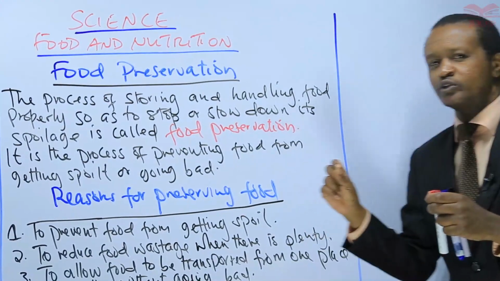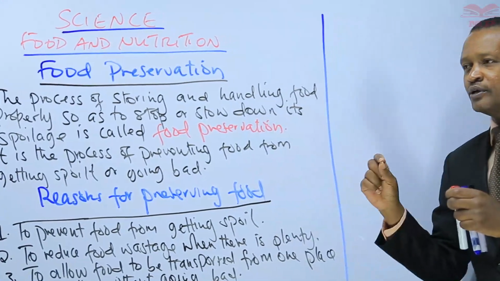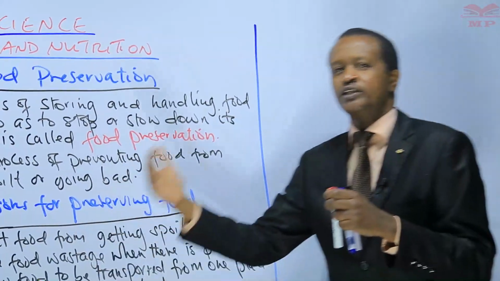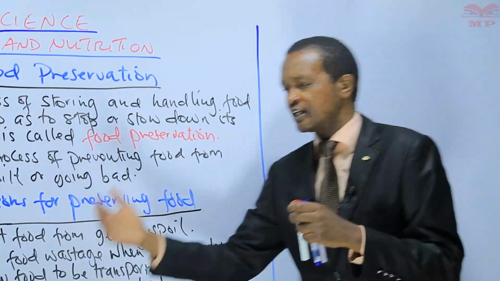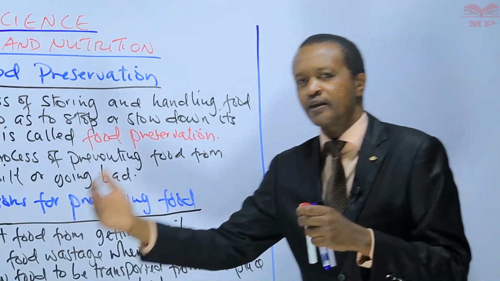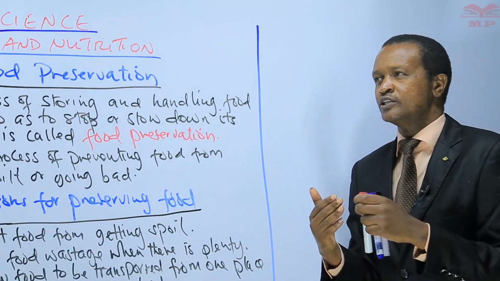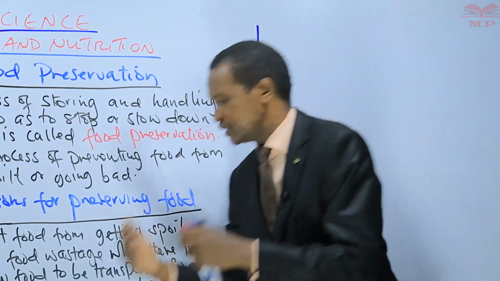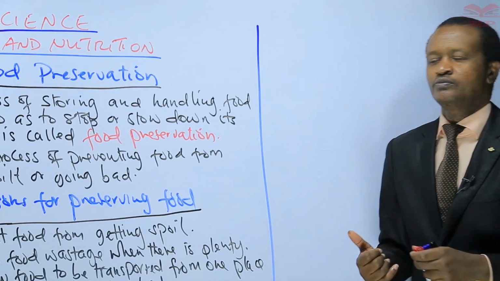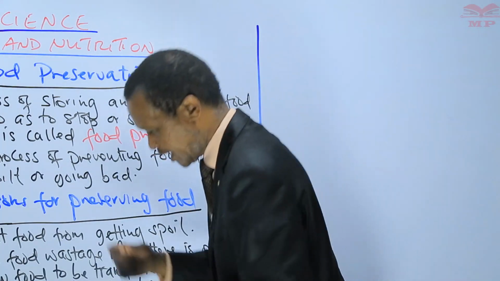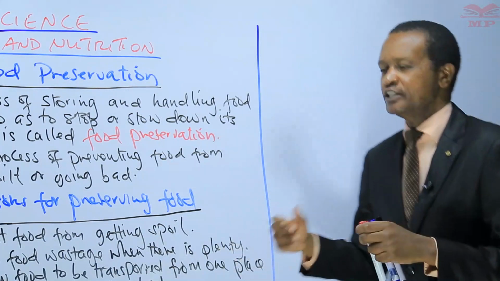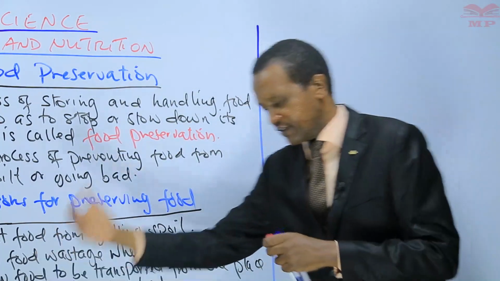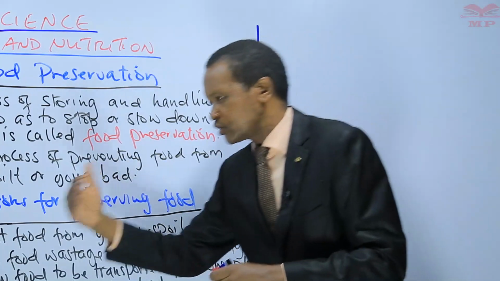Because we have these foods that we are calling seasonal foods. Seasonal foods are preserved so as to make them available when out of season. Seasonal foods are preserved so as to make them available when they are out of season.